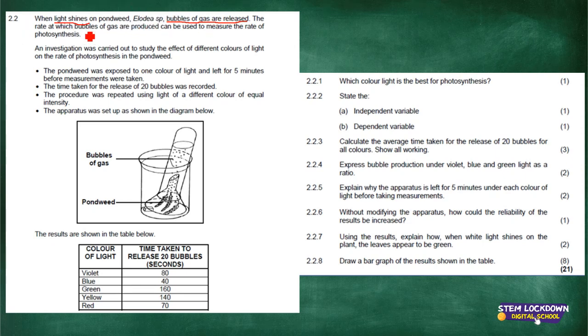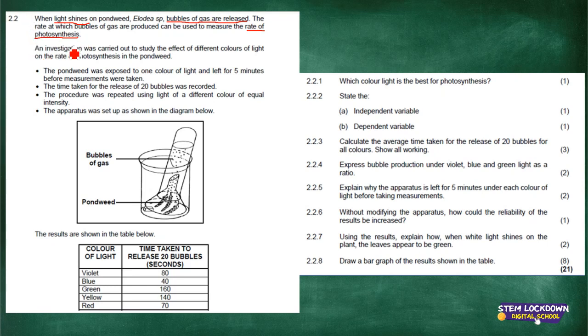The rate at which bubbles of gas are produced can be used to measure the rate of photosynthesis. Interesting statement. Already, this part of the question is telling us that one of the factors that we covered which influence the rate of photosynthesis will be covered in this question.